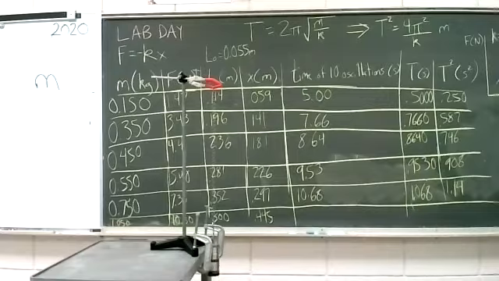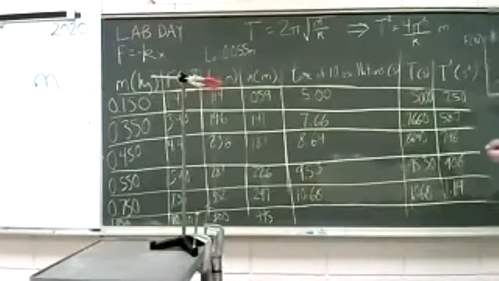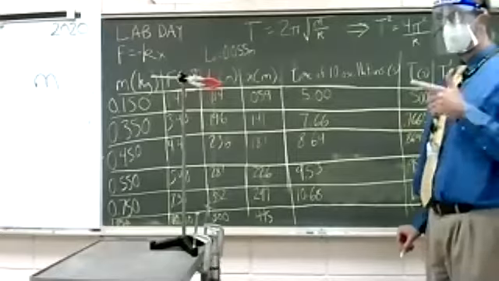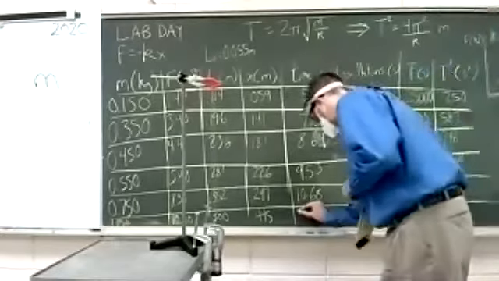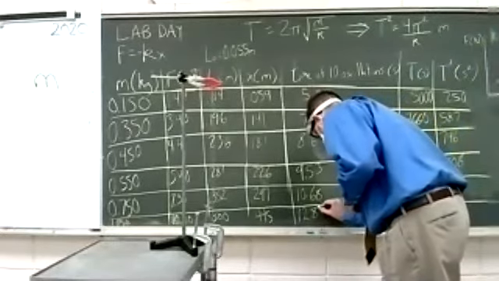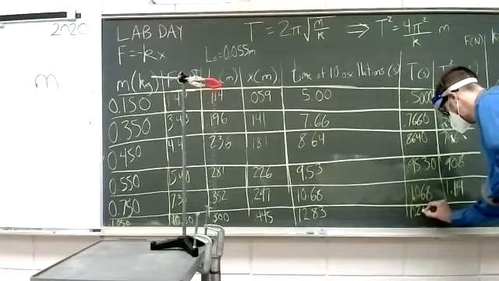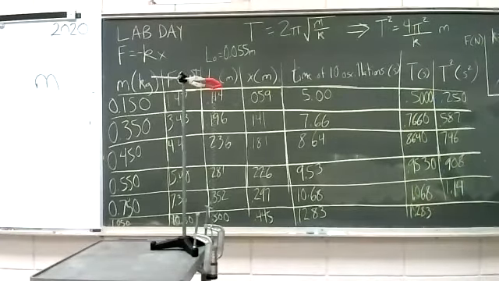I got 12.66. I got 12.83. 12.83, 12.66. Any others? 12.83. 1.283 squared.